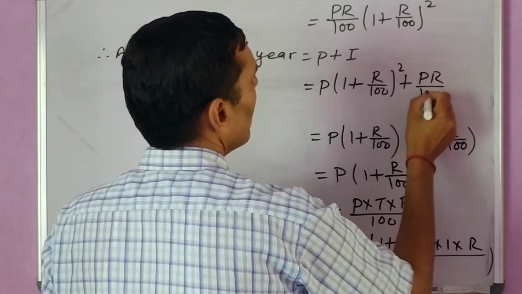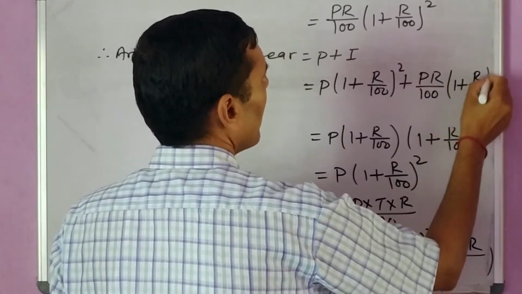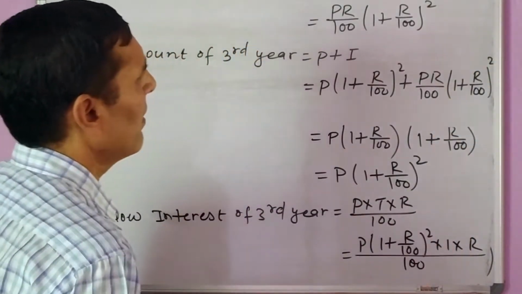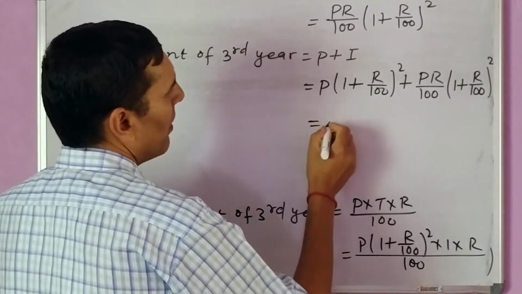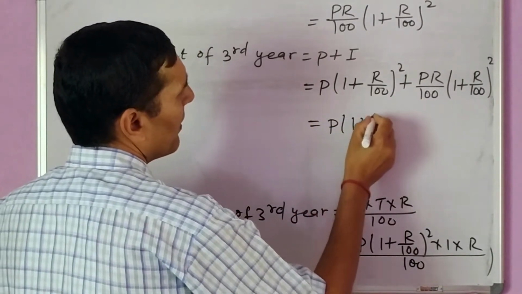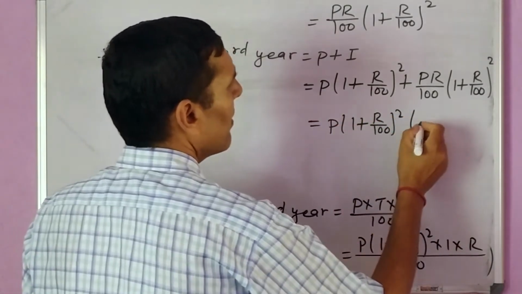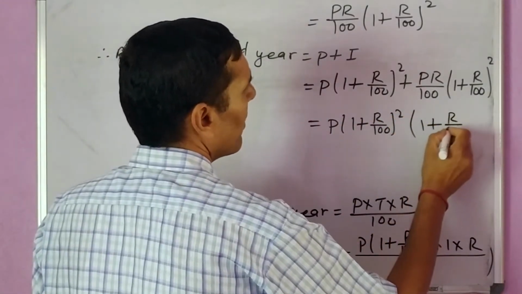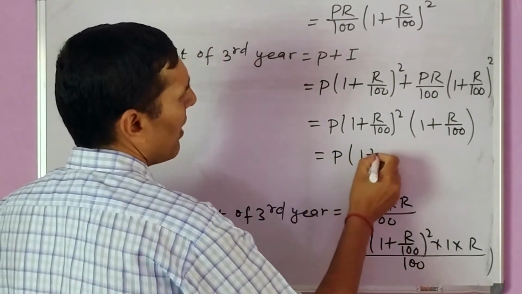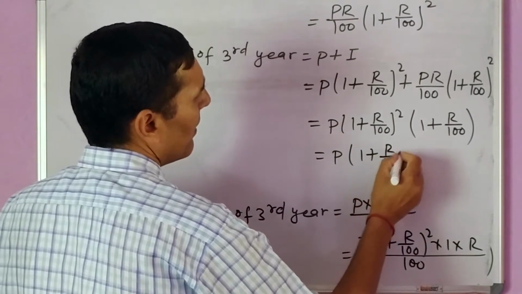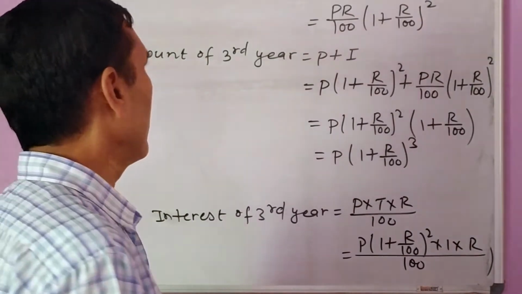PR upon 100, 1 plus R upon 100 whole square. So what is common here? P times 1 plus R upon 100 whole square, and what will be remaining? 1 plus R upon 100. So it becomes P times 1 plus R upon 100 whole cube. So this is the amount of the third year.